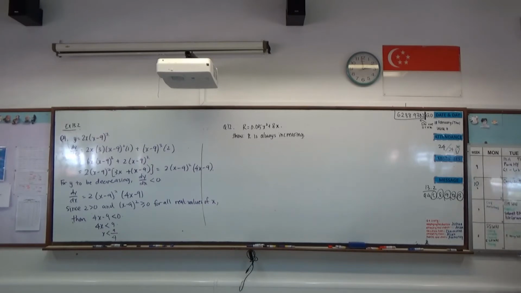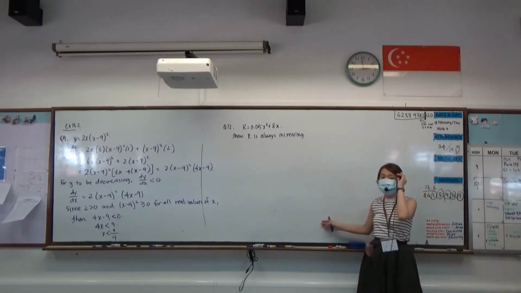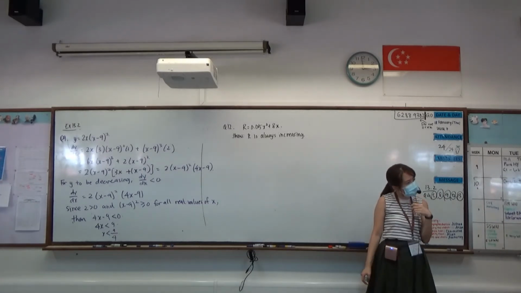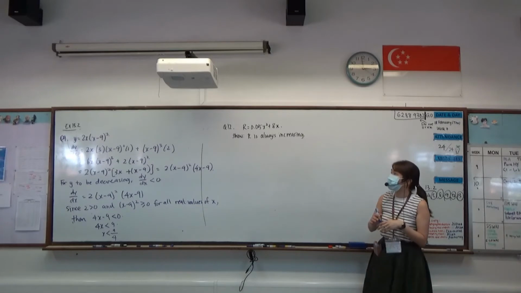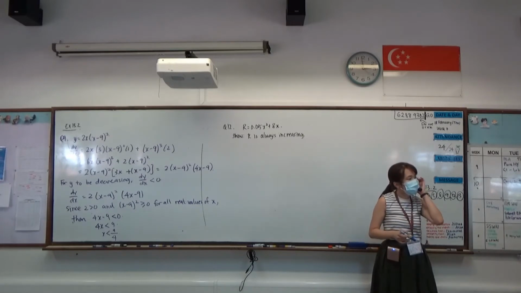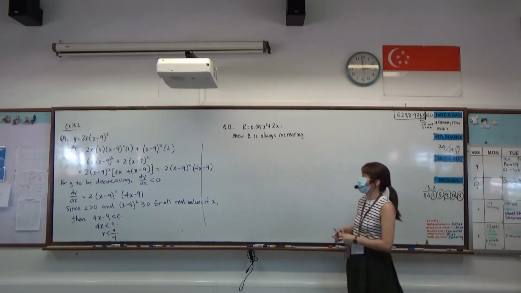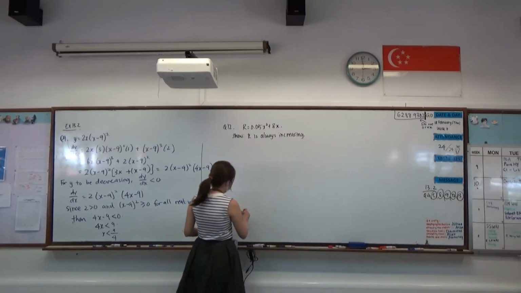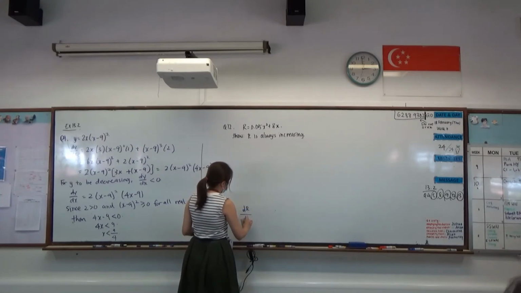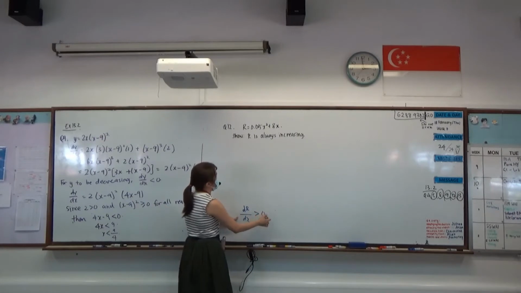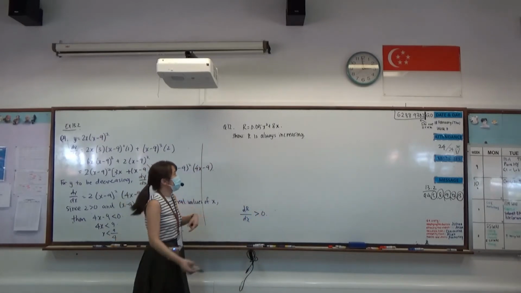In order to show that R is always increasing, what exactly is it that you must have at the end? X is more than 0. You want to show that R is always increasing. dr over dx, yes. The derivative is more than 0, right? So at the end, you want to have your dr over dx. Be very careful, we're talking about r over here. So dr over dx, we want to show that it's more than 0. So we do our differentiation.